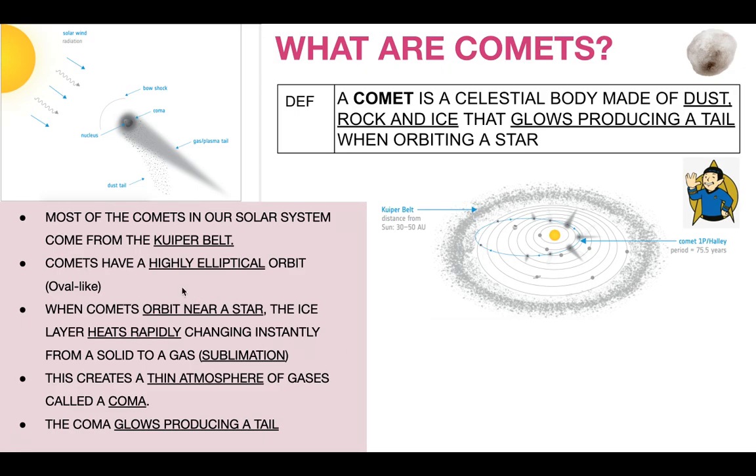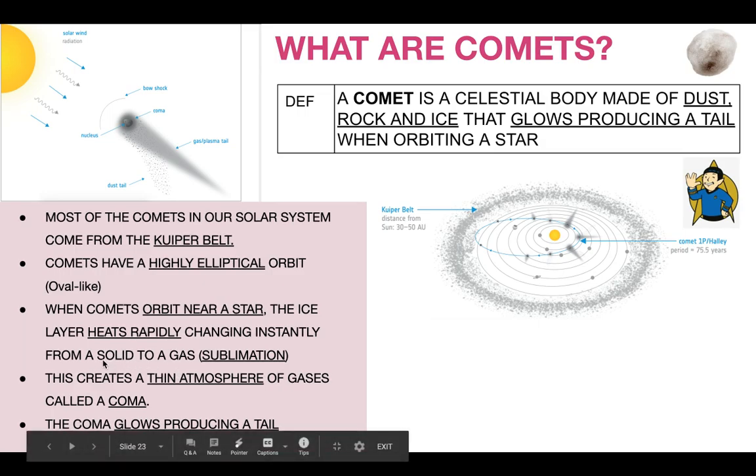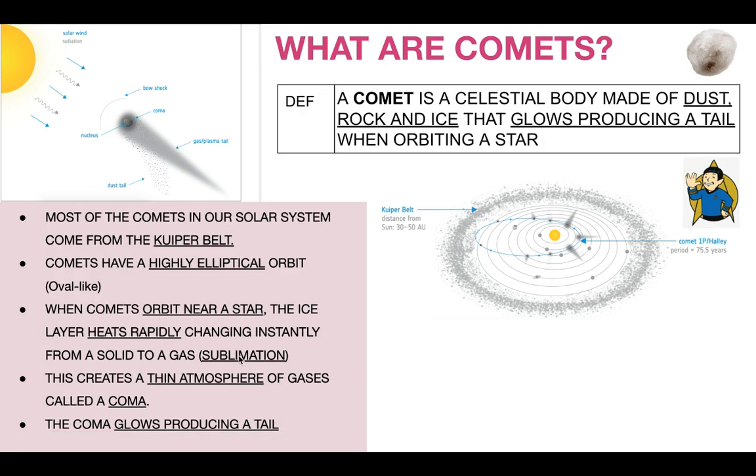We know that when comets orbit near a star, the ice on the outside, this dirty snowball, remember, gets so warm instantly that the solid ice does not change into a liquid, but rather it changes into a gas straight away in an instant. This is called sublimation.